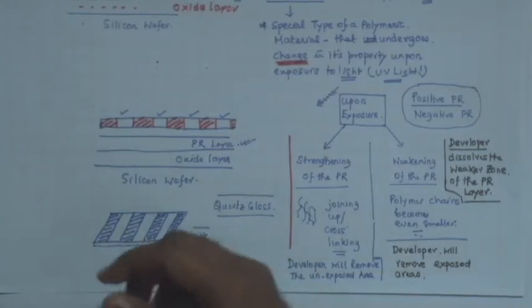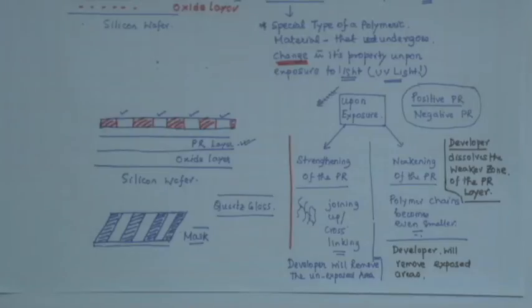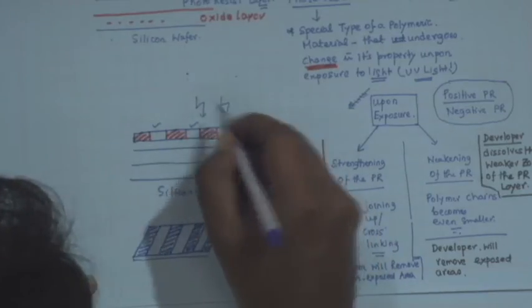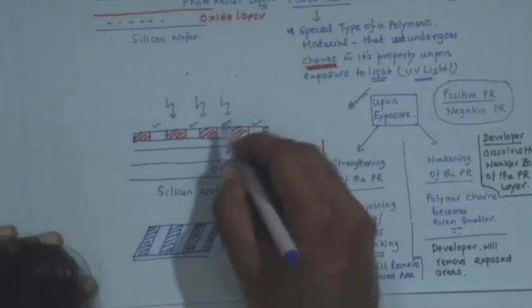What is the difference between a normal solvent and a developer? Developer is a very delicate combination. In fact, the development process itself is a very critical process. So, if you expose, for example, in this setup, you place the mask and then you expose it with UV light.